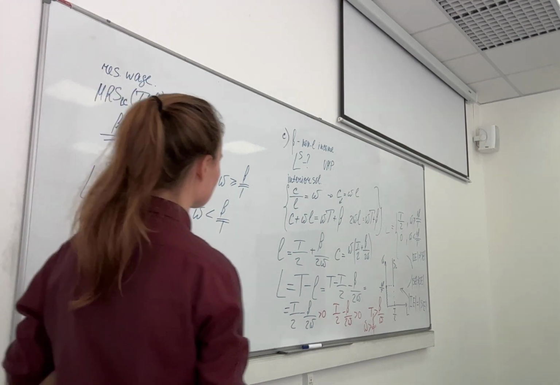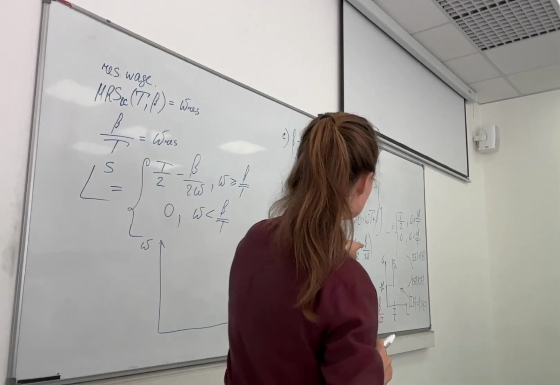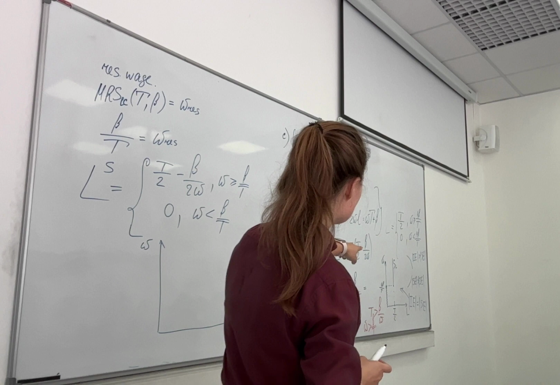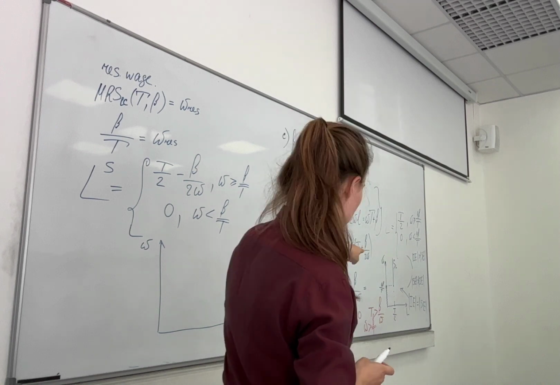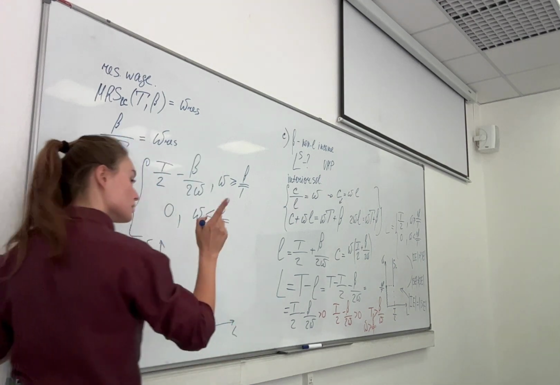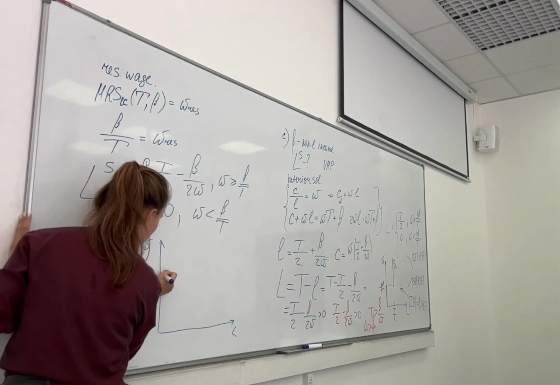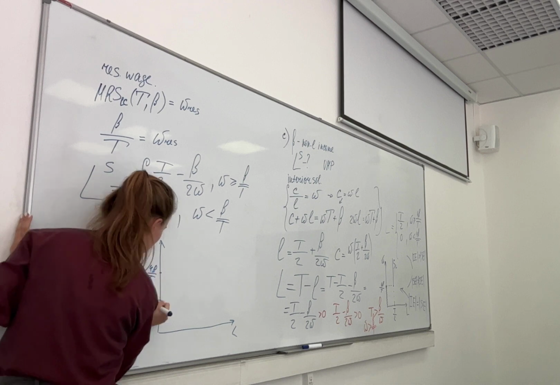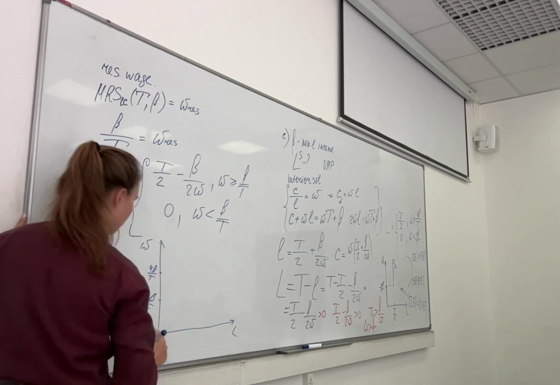So you see, before the reservation wage was bigger, for beta over T, and now it is lower for beta over T. Yes, it's an interesting point. So here was beta over T, and now it is beta over T.